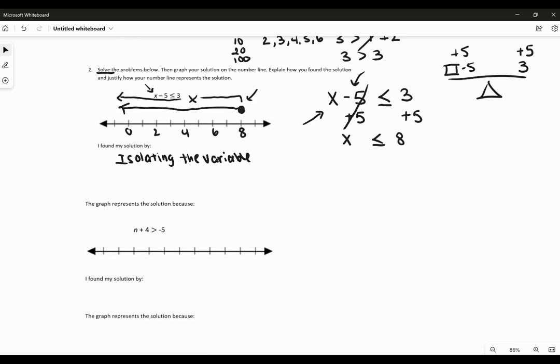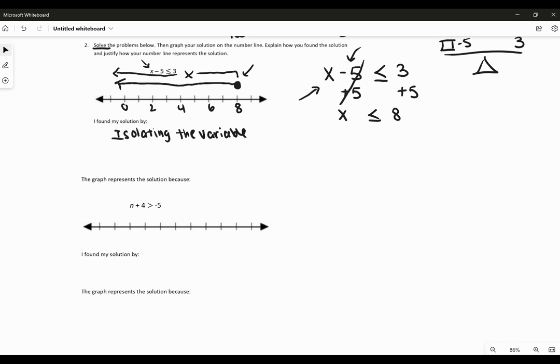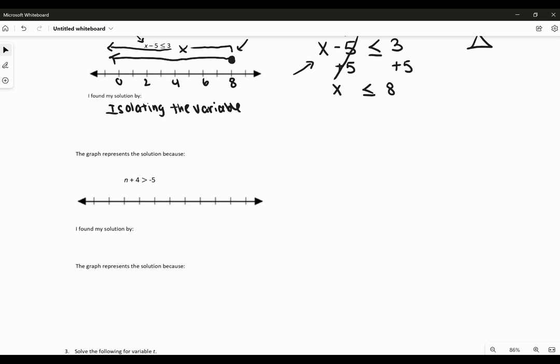Okay, so the next question is, the graph represents the solution because n plus 4 is greater than negative 5. I don't know what n is, but I know that since I know how to balance equations, I can balance inequalities the same way. So this cancels out. Negative 5 minus 4 equals negative 9.